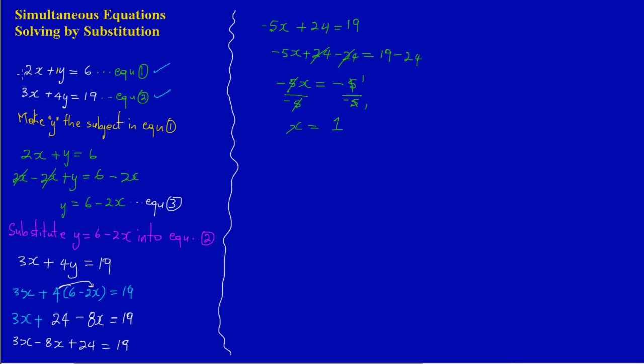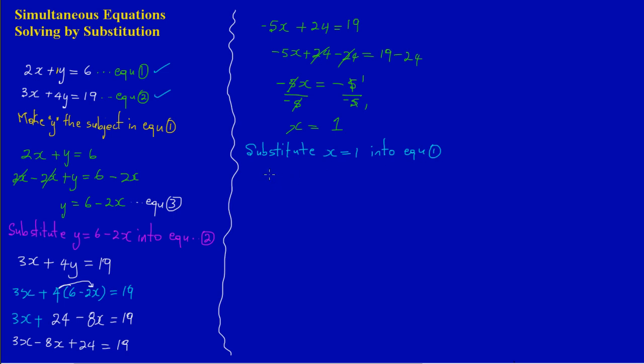And just by intuition, when you look at equation 1, it would seem to be the simplest. So I'm going to substitute. Since I've found the value of x, now I can put x into any one of those equations and solve for y. So I substitute x equal to 1 into equation 1.